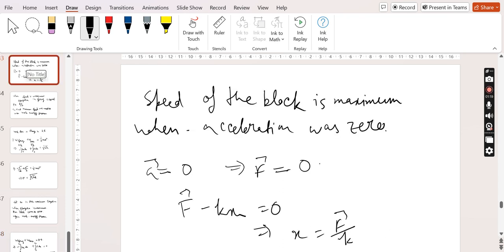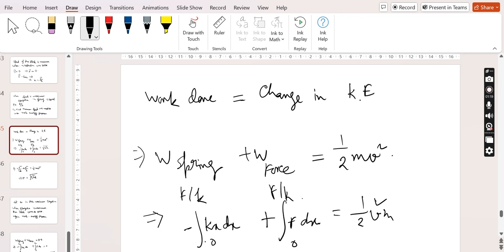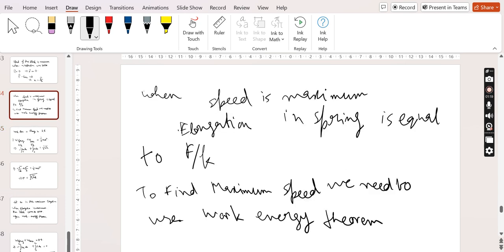So basically here, first we need to assume that when acceleration is 0, then the speed of the block is maximum. So when acceleration is 0, x is F by k. Then we go to the work energy theorem, that work done equals change in kinetic energy, where at maximum speed half of mv squared will be there.